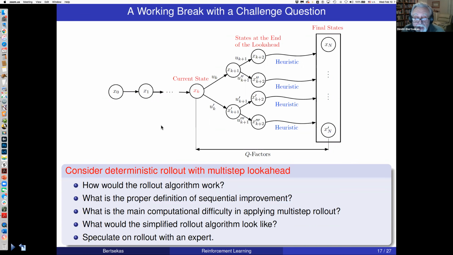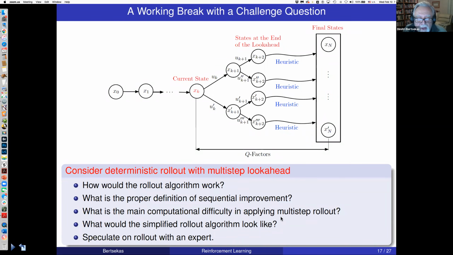But basically, you just find some control sequence that leads to a Q factor that's better than the cost of the heuristic. Now, you may stop at the first one, or you may try harder to look at a promising set of trajectories that take you from xk to the edge of the tree, and then assuming that you have found one that's better than the heuristic, then you take the best one of those.